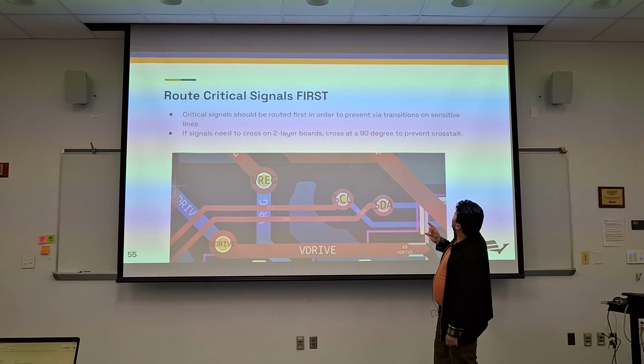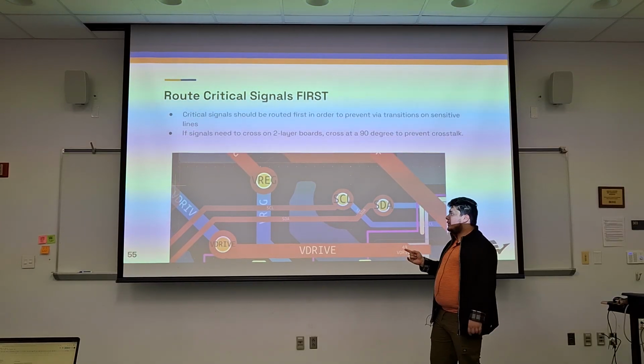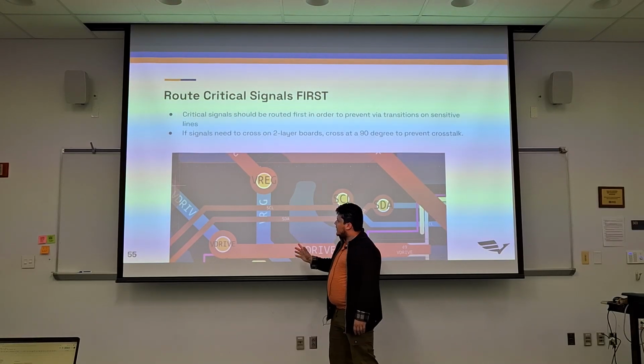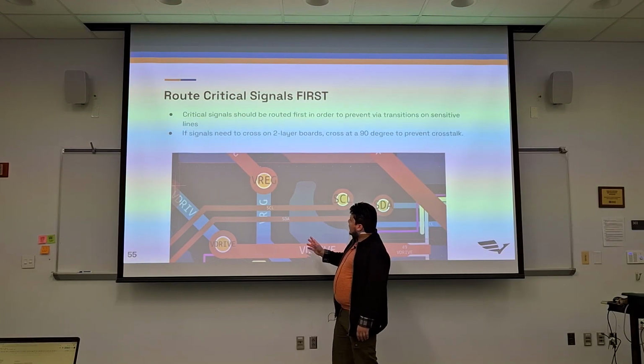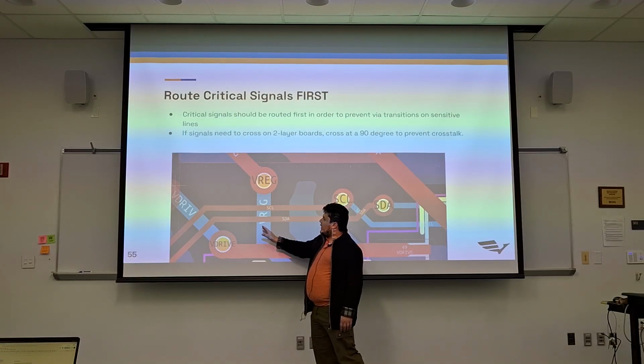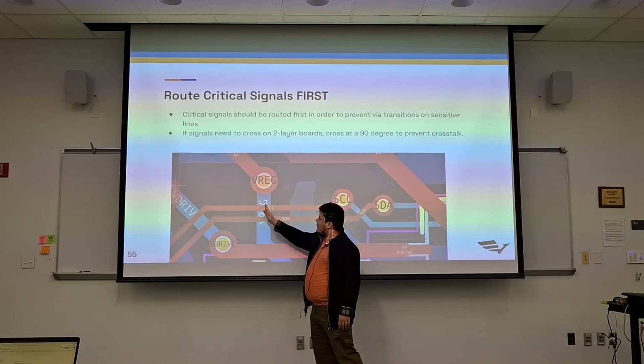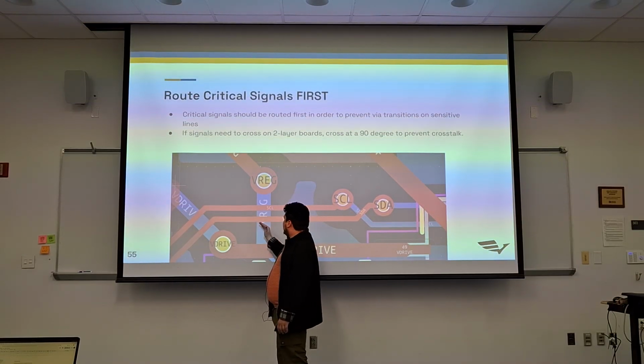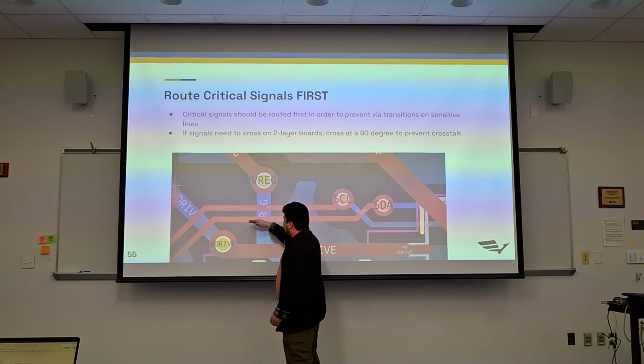But if you do need to do this crossover, always cross at a 90. And so I chose this example because it does this pretty good. Because this is preventing any sort of crosstalk with VREG. So SCL and SDA don't have a lot of copper where they are meeting, so there's no crosstalk, plus the signal directions are different, right?